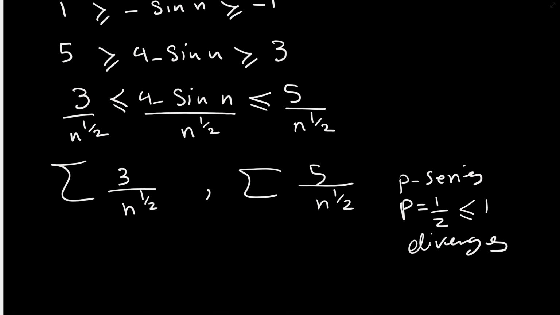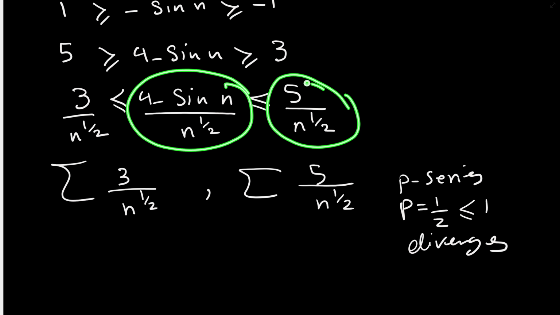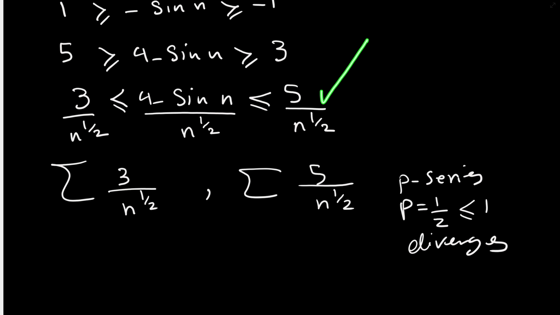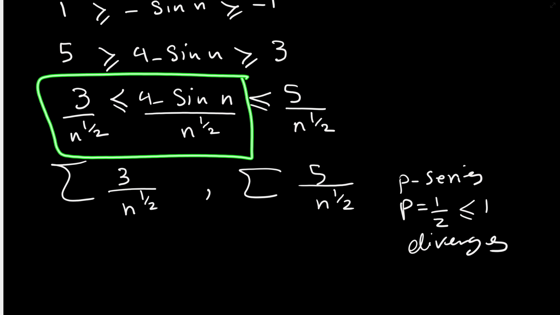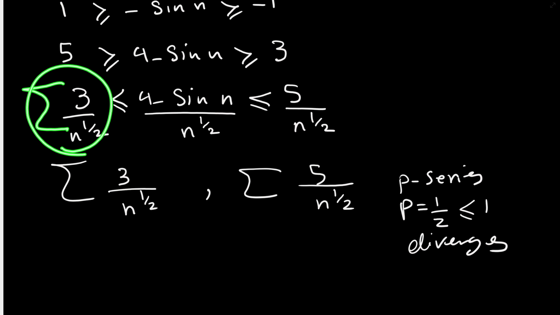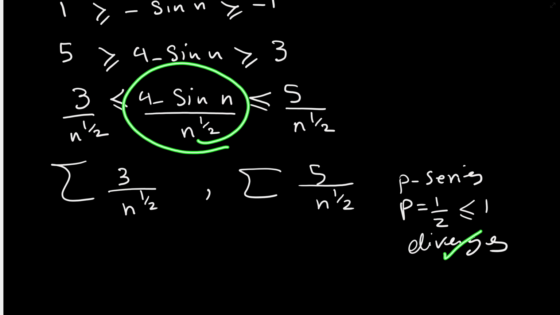If the series diverge and I'm using the direct comparison test, if I compare this sequence with this sequence, I know this one diverges, but by direct comparison test, I cannot conclude that 4 minus sine n over n to power 1 half diverges. By direct comparison test, I need to compare these two, and now because the smaller series diverges, I can conclude that the bigger one diverges as well.